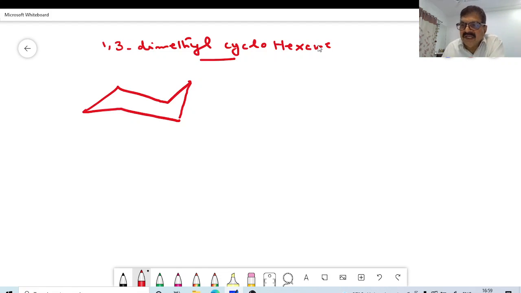Now for 1,3, we pick this carbon as position 1, and then this can be another carbon, 1,3 to each other. So both of these are down carbons here. Now on a down carbon, the axial group is down and the equatorial is up. That will be a trans conformation here. One is down and another one will be up. The trans isomer has two groups on opposite sides.